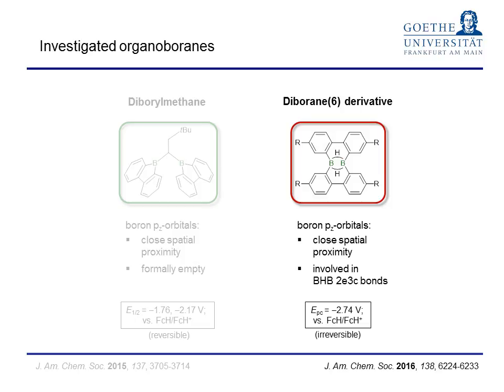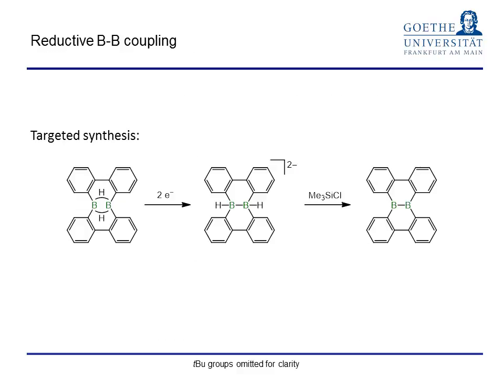Let's continue with the diborane(6) derivative that showed one irreversible reduction event in the cyclic voltammogram. To generate tricoordinate boron atoms with empty p orbitals within the diborane(6) derivative, one would at least expect a shift of the bridging hydrogen atoms into terminal positions when electrons are injected.